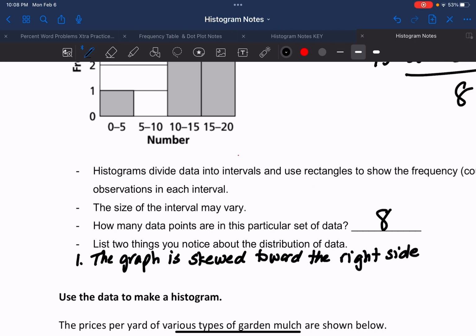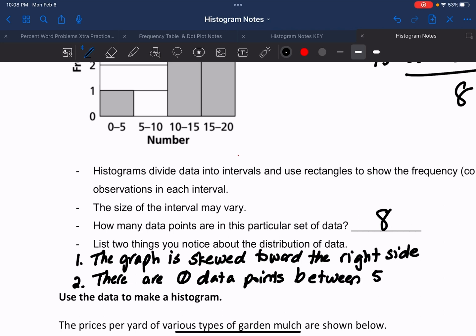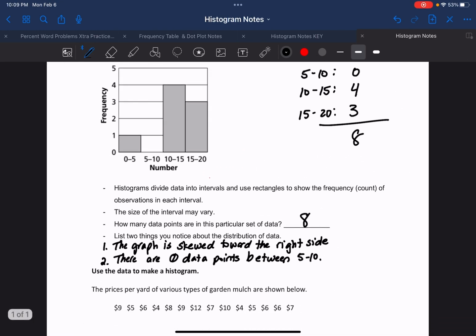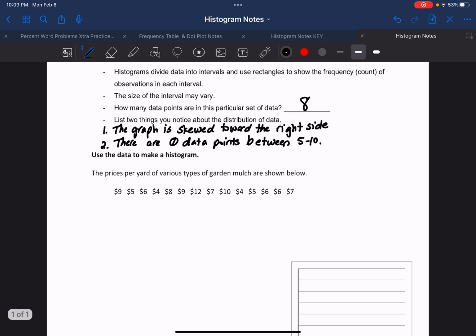And then something else I notice is that there are 0 data points between 5 and 10.